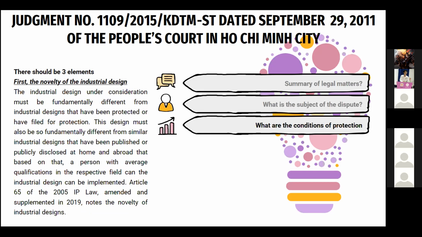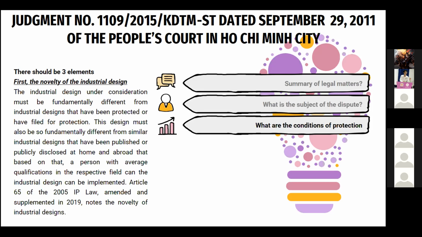The industrial design under consideration must be fundamentally different from industrial designs that have been protected or have been filed for protection. The design must also be fundamentally different from similar industrial designs that have been published or publicly disclosed at home and abroad.